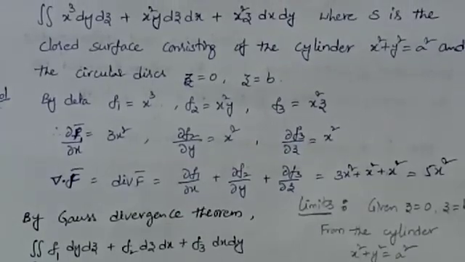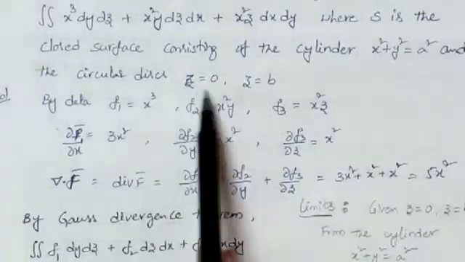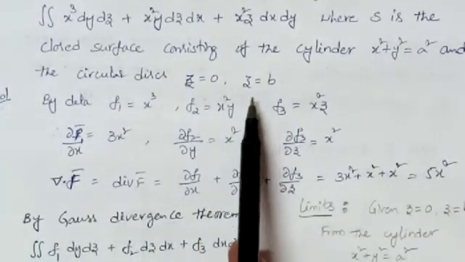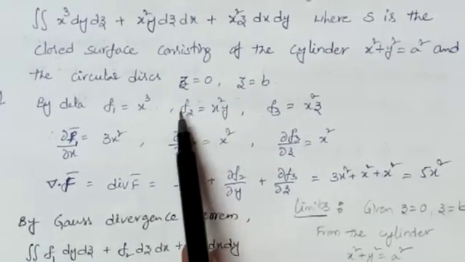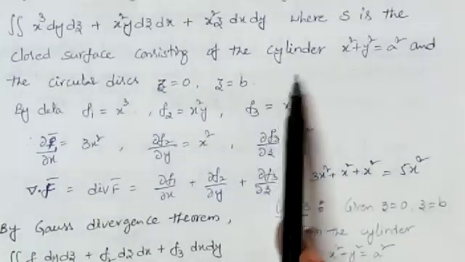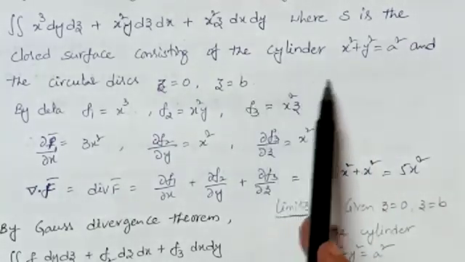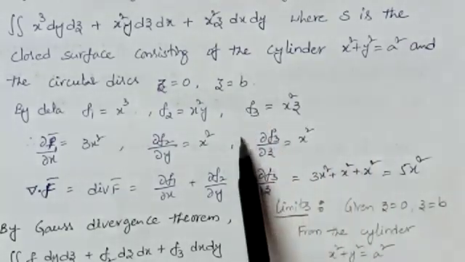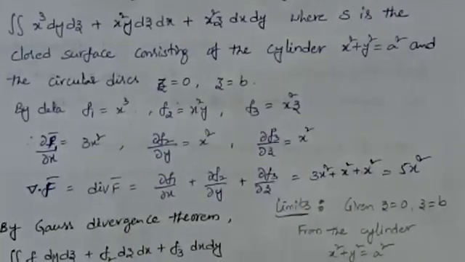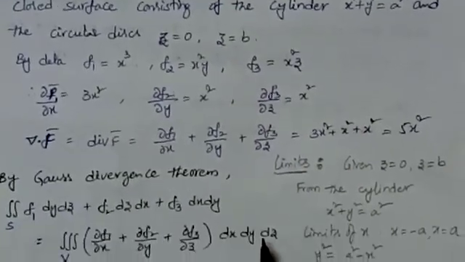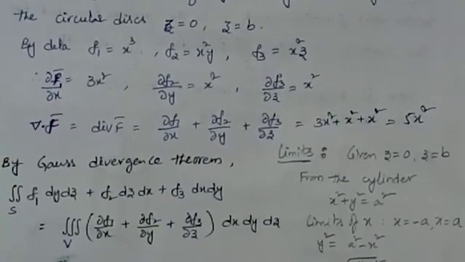From the data we have z is equal to 0 and z is equal to b, so the z limits are given. Next, the cylinder x square plus y square is equal to a square. According to these two, we have to write the limits for x and y.